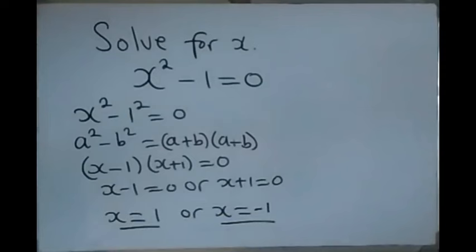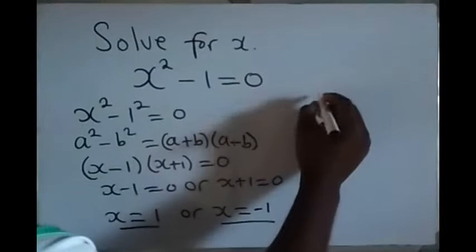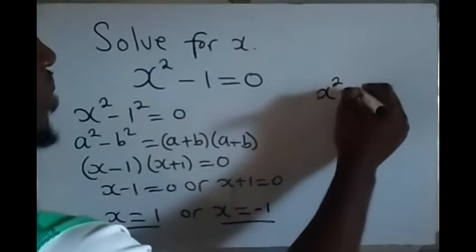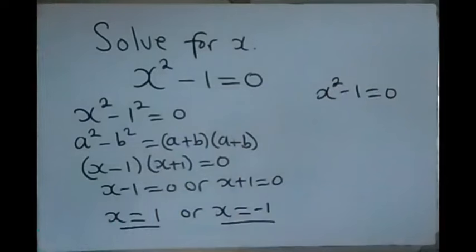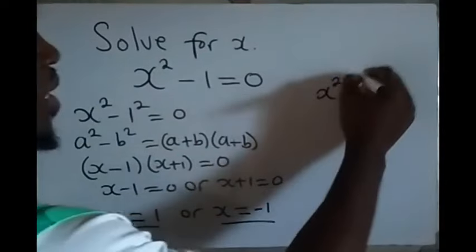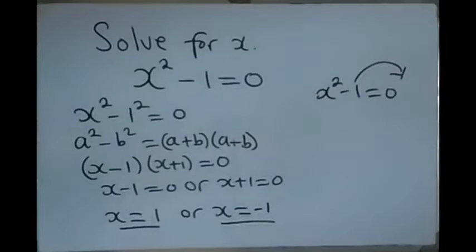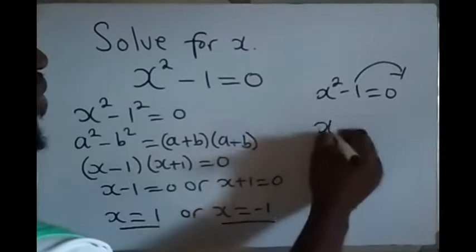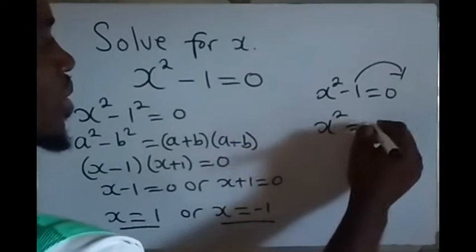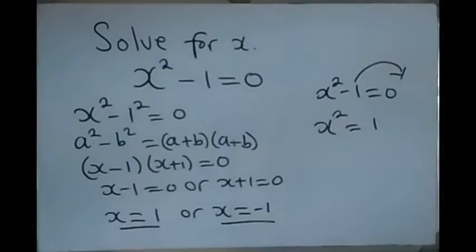Of x. Now, we can also solve it using a different approach, where we say x squared minus 1 is equal to 0. What you are going to do is let this negative 1 go to the right hand side. So we are going to have x squared is equal to 0 plus 1, it's a 1.